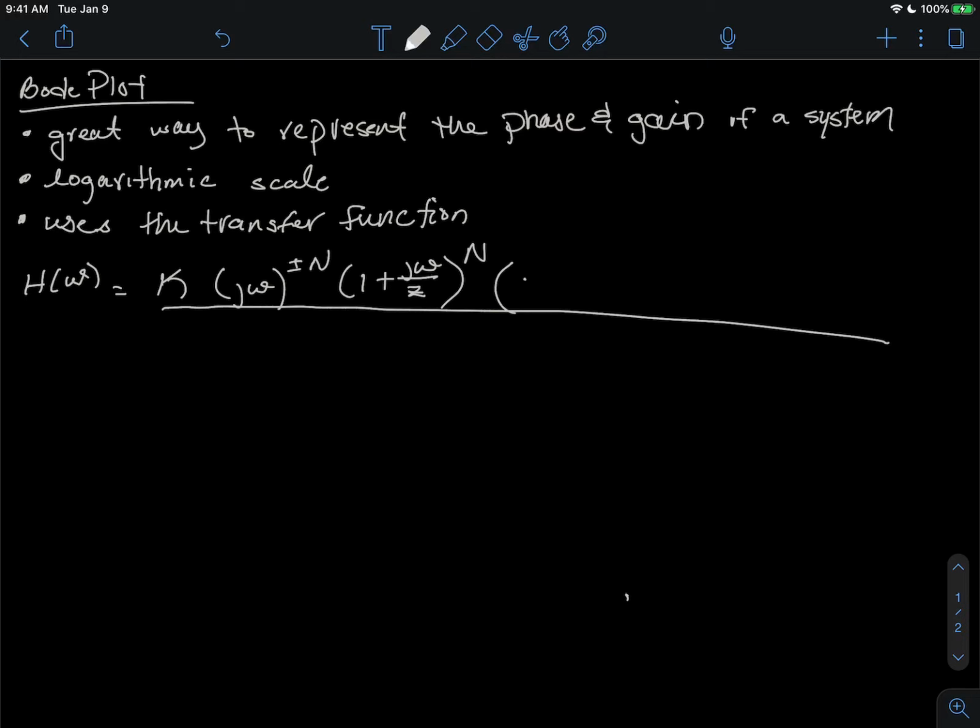And then you can have a quadratic, so it will be 1 plus j2 zeta omega divided by omega k, plus j omega divided by omega k, squared.